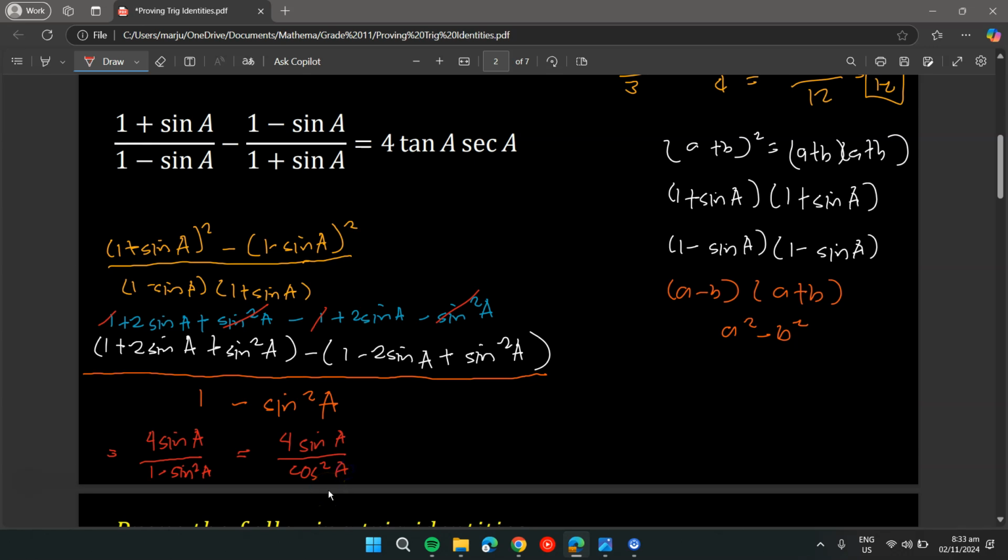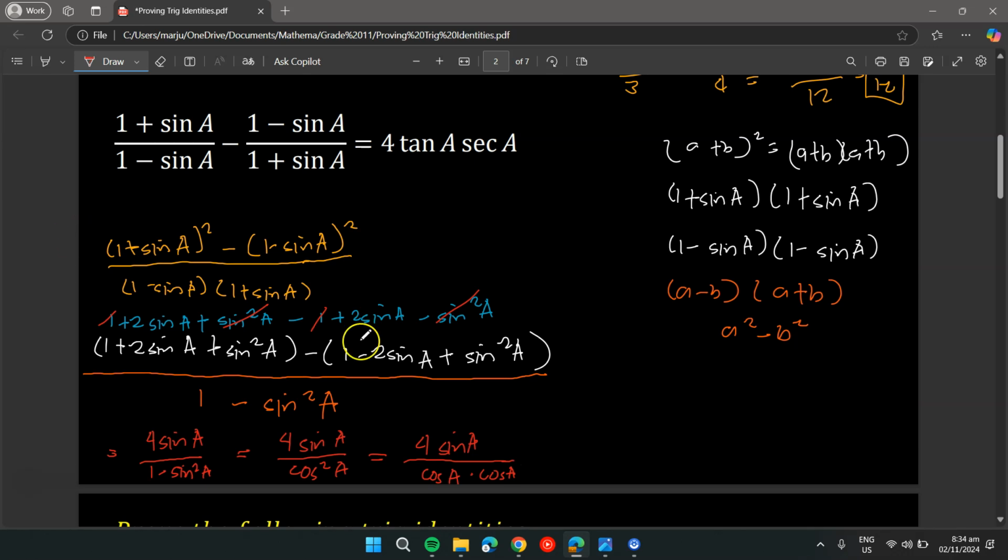And again, our goal is to have 4 tangent of a and then secant of a, right? So basically, we can write it this way: 4 sine of a over cos of a times cos of a.